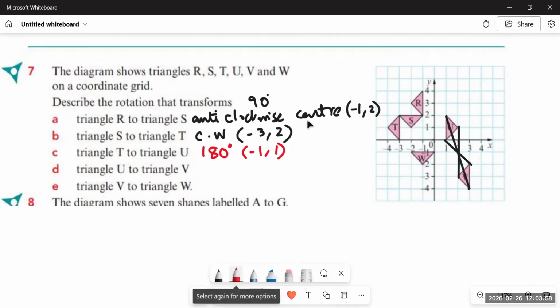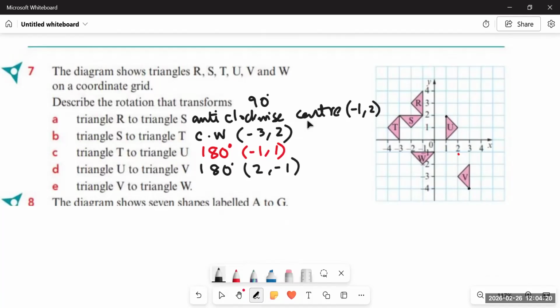So basically this point is the center, right? And this is center 2 comma minus 1. Right? So 180 degrees, center 2 comma minus 1.